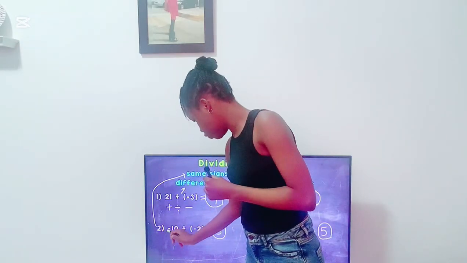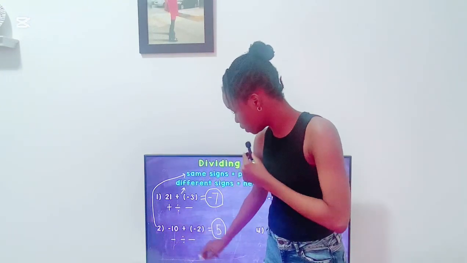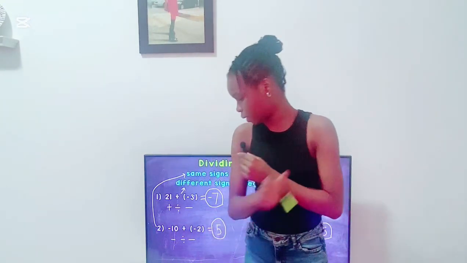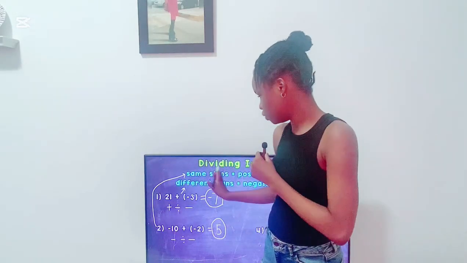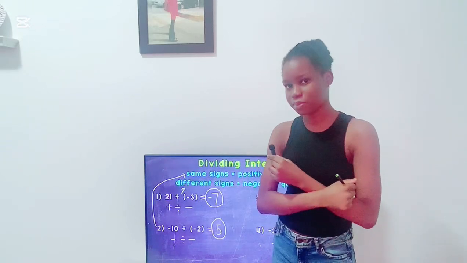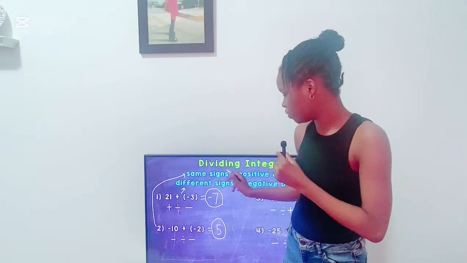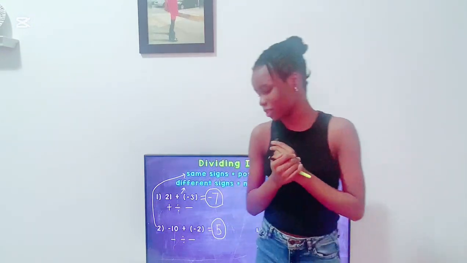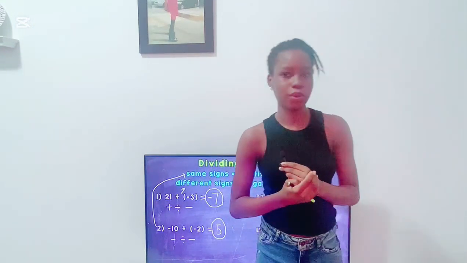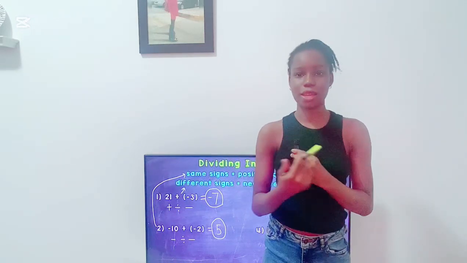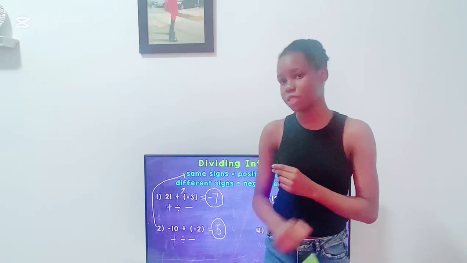Now, for number 2, we have -10 divided by -2. Leave the brackets. As you can see, do we have the same sign or different signs? We have the same sign, which means our answer is going to be positive. So what we're going to do is 10 divided by 2, which is 5.